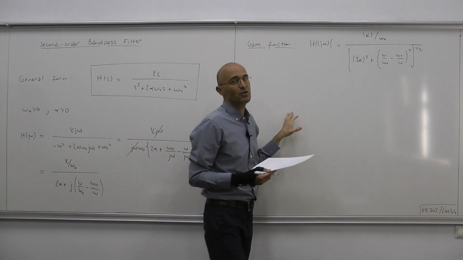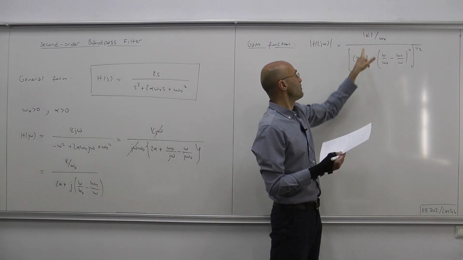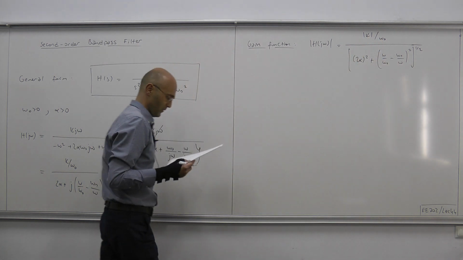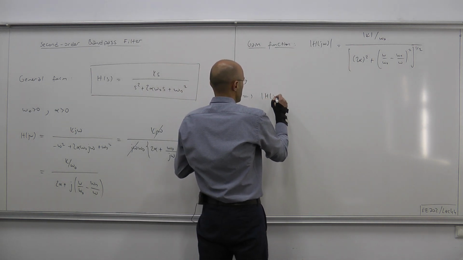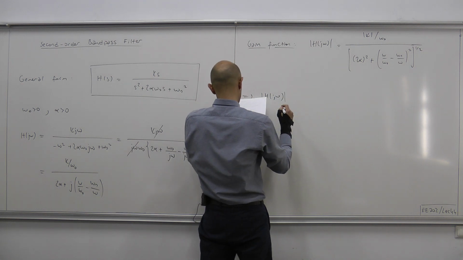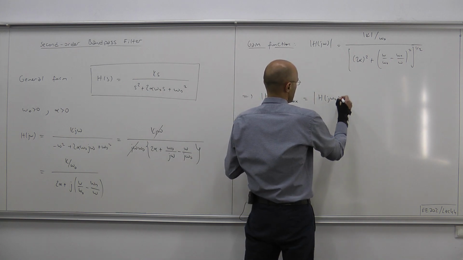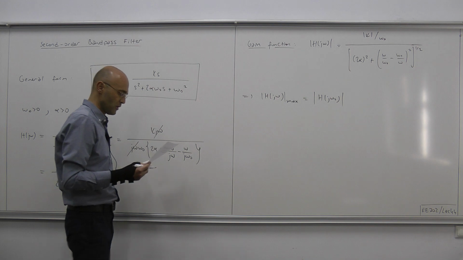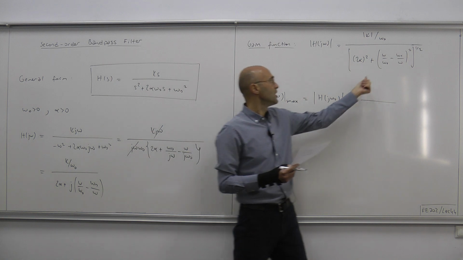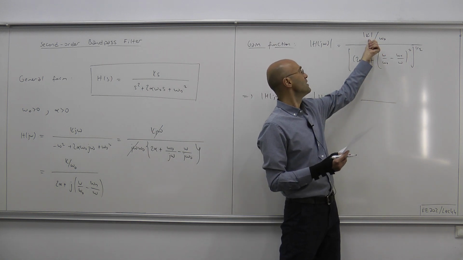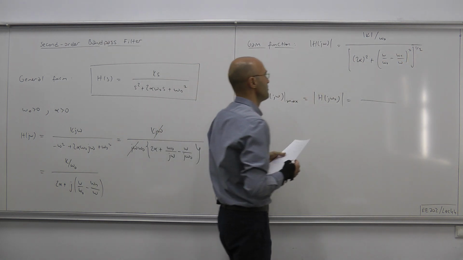Hence, the maximum value of the gain, which is clear from this expression, is magnitude of k divided by 2 alpha omega 0. So let's put that observation down. The maximum of the magnitude of H is achieved at H(j omega 0), at omega equals omega 0, and that equals, once again, this term disappears, and what we have is this divided by the square root of 2 alpha squared, so that makes 2 alpha.